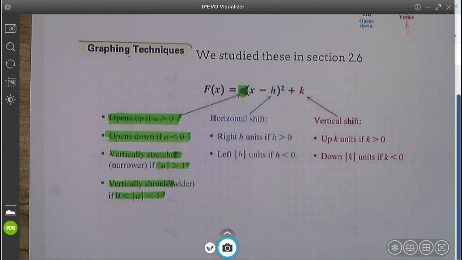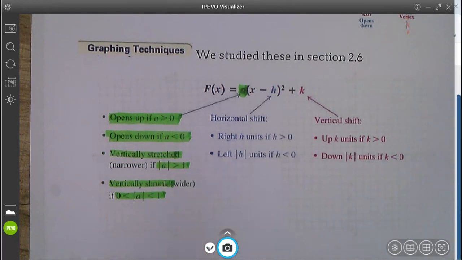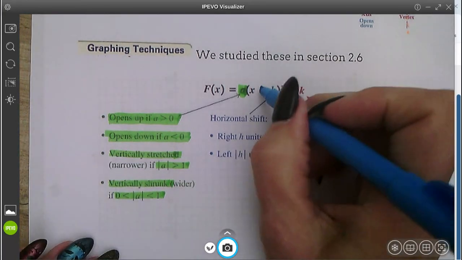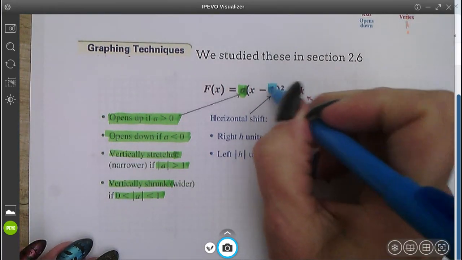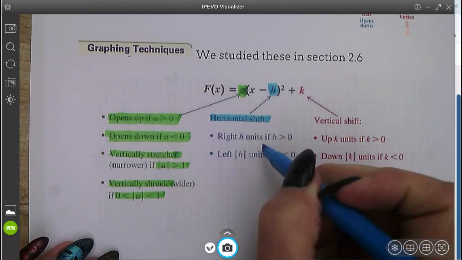And then inside the parentheses there, we have the horizontal shift, left and right. So that's the one that goes backwards of what we think. So it is going to be a horizontal shift if we have subtraction.